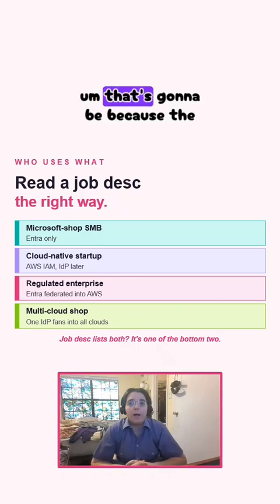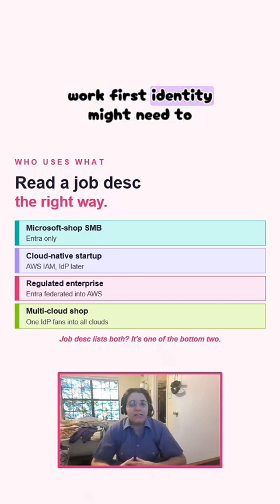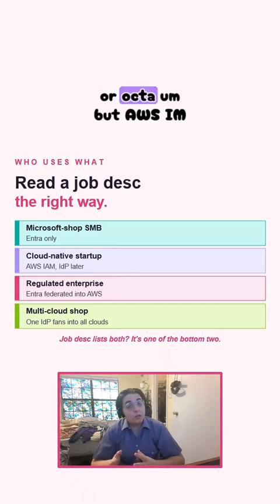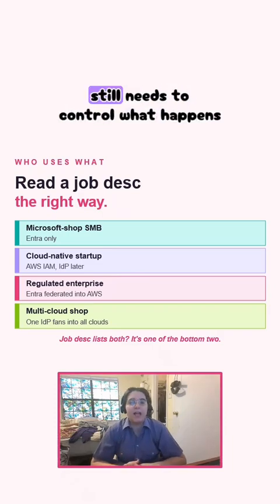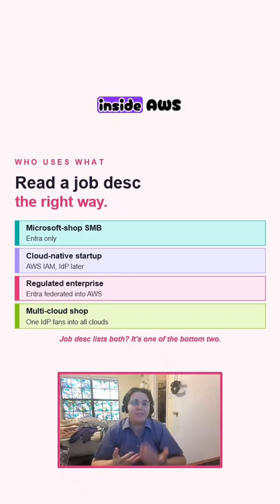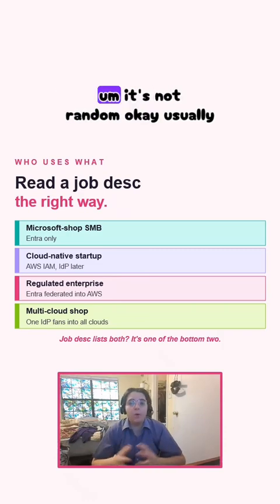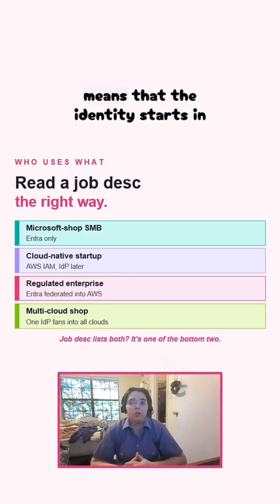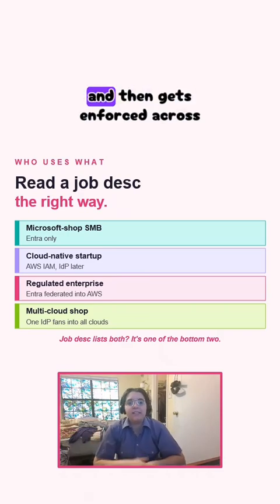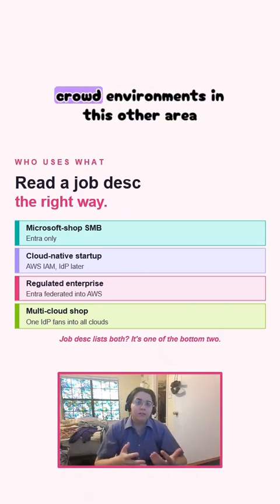That's because the workforce identity might need to start in Entra or Okta, but AWS IAM still needs to control what happens inside AWS. So when a job description lists both, it's not random. Okay, it usually means that the identity starts in one place and then gets enforced across cloud environments in this other area.